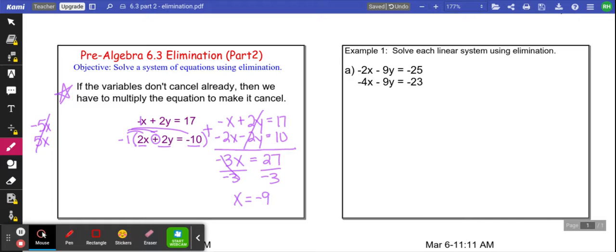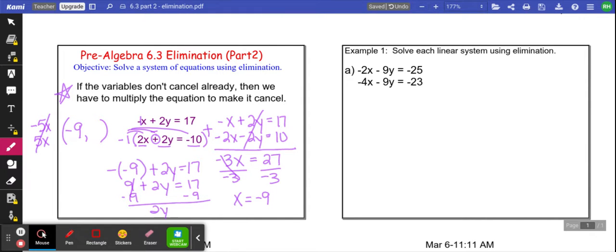So here's the first part of your answer, negative 9 comma something. And then again, I'm just going to plug it into the first one to keep it even. So negative x comes out, negative 9 goes in, plus 2y equals 17. Back-to-back negatives make this positive 9. And then I'm going to subtract 9 from both sides.